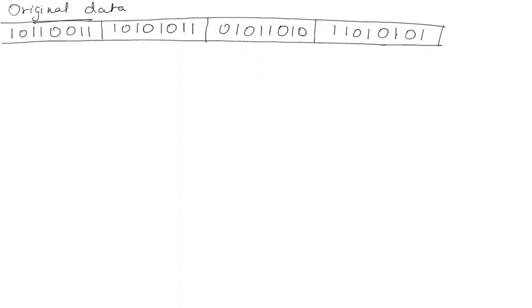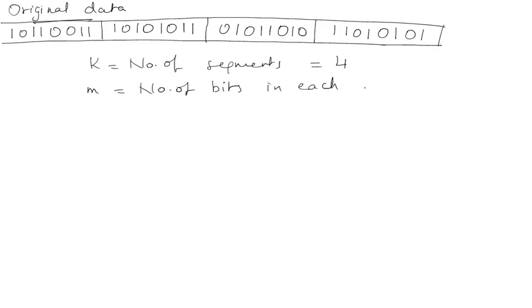So k is the number of segments, and in this case k is equal to 4, and m is the number of bits in each segment. Here we have taken 8 bits in each segment, so m is equal to 8.